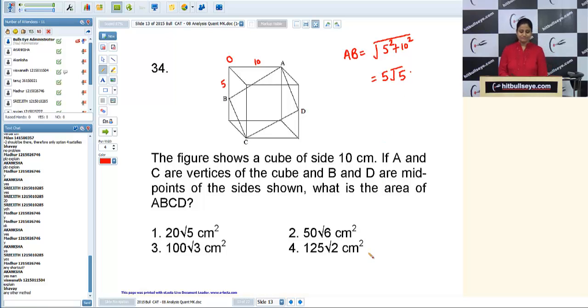Similarly, we can calculate BC, CD and AD. Every time we are getting 5 root 5. Since this is a cube, all the things are symmetrical. That's why we can consider that AB and CD are parallel, AD and BC are parallel. So it will be a rhombus only. Can I say this? Is it okay, guys? Are you getting me?